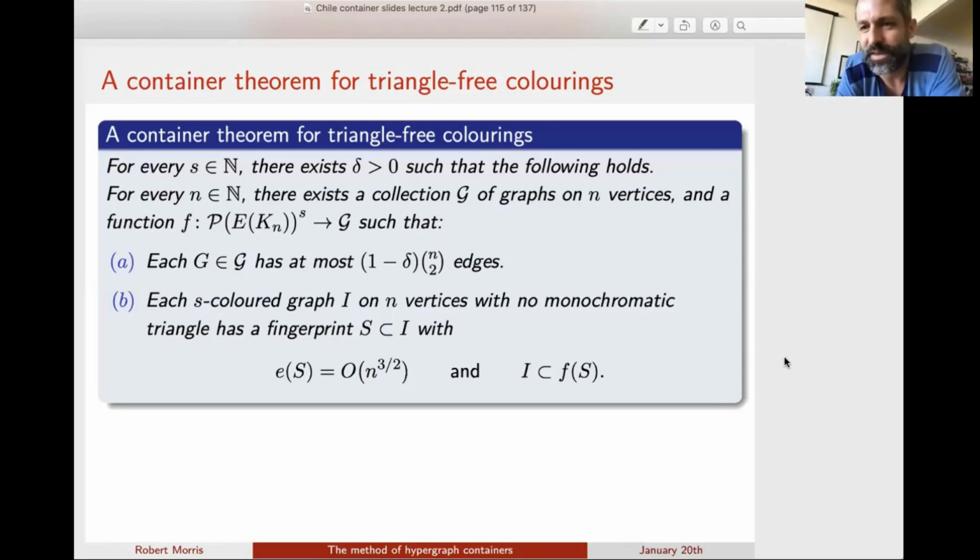Okay. So what is going on here? We had this hypergraph that was S copies of the complete graph. When you apply the container lemma to that hypergraph, you throw out a positive proportion of the vertices. So what you end up with is some subset of each graph, a collection of S graphs.